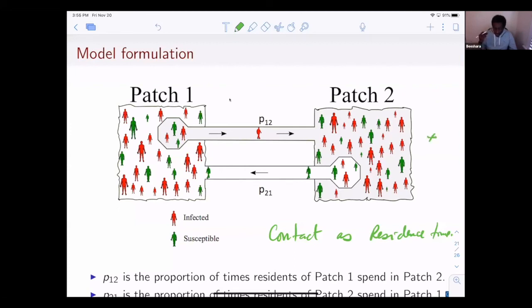But if you are taking into account the mobility and the proportion of time people from one patch spend in another, you need not only to incorporate but to find ways to estimate this, which in most cases is not necessarily easy, but it's possible. The proportion of time people spend in one particular patch, that's possible, at least in developed nations where we have cell phone tracking and all this.